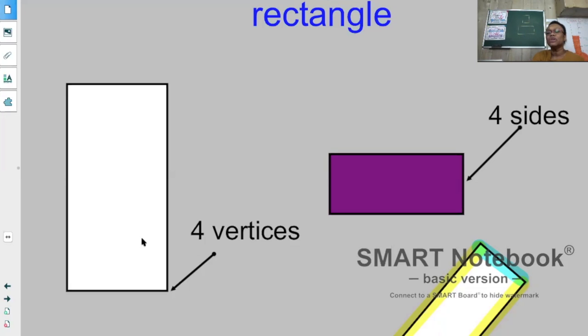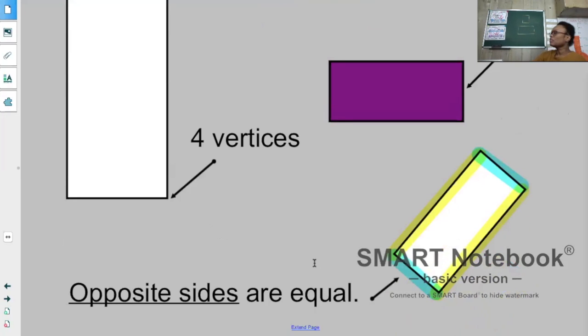Well, let's take a look. Remember when we said that for a square, all 4 sides are equal. So all the edges, all the lines are equal. They're the same measurement. Do we have that in our rectangle? Are all 4 sides the same length?